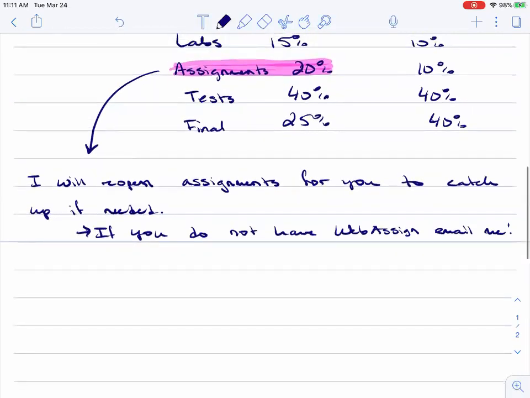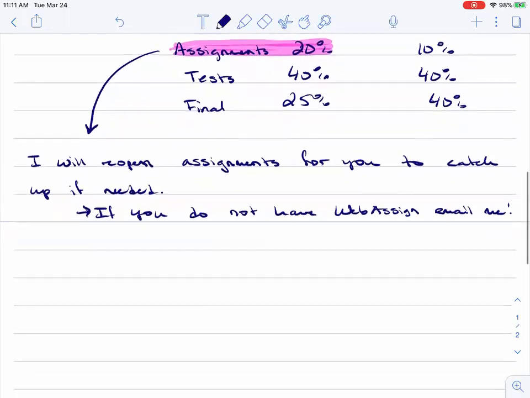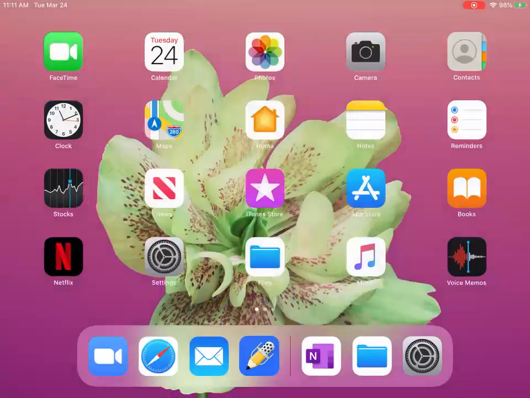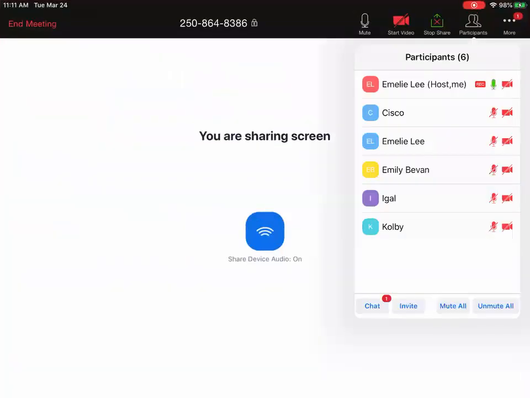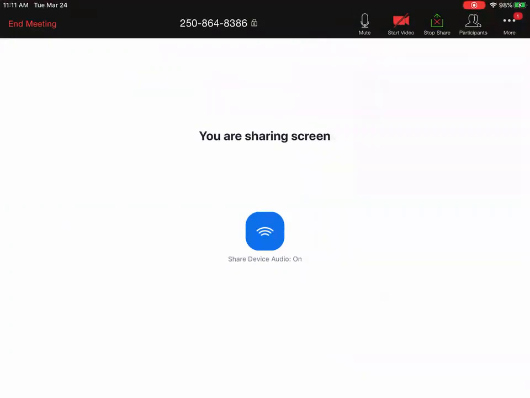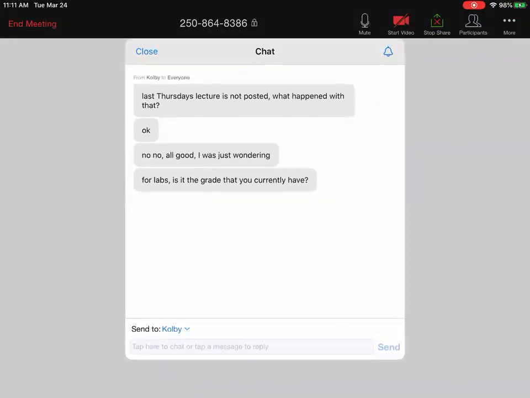So there's kind of more on the assignments later. I'll send out an email because I'm pretty sure that it's still just the 3. Oh, wow, look at us. It's a few of us. Oh yeah, so for the labs, oh thanks Kobe.